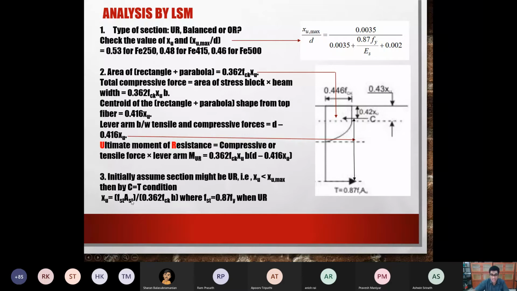So when you increase it, you see that your XU will become lesser. Okay, XU becomes lesser, meaning that XU goes up, or it goes into the under reinforced range.